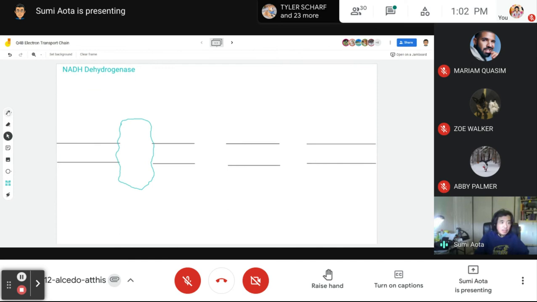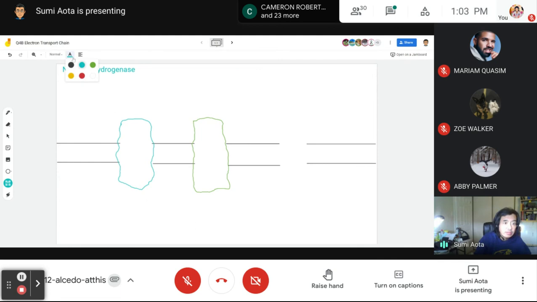My second blob, which I believe is going to be in green, it's going to be here. And that should be cytochrome, the cytochrome BC complex. So that's the one in green.